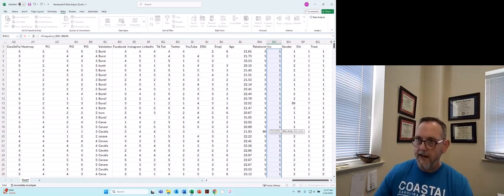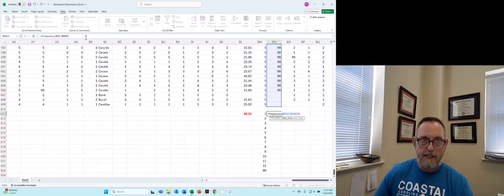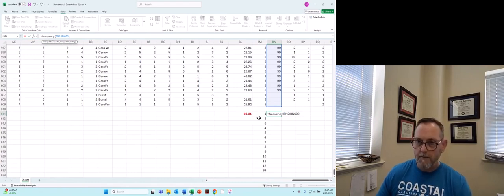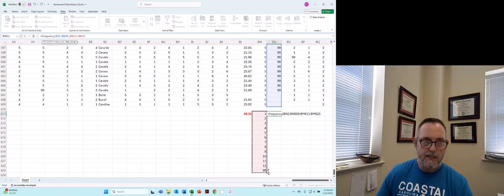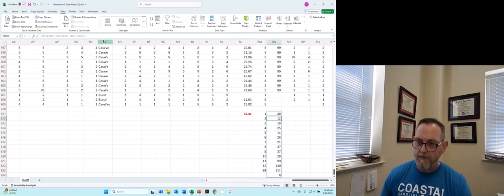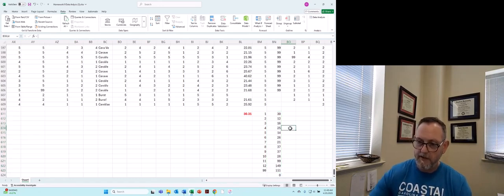Okay, we have that in there, and then a comma. The second thing we need is the bin array. If we do that, we can click there and we get our counts for each of these three areas.